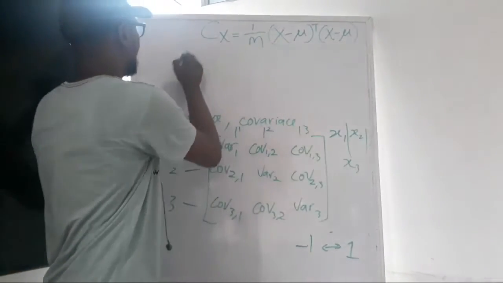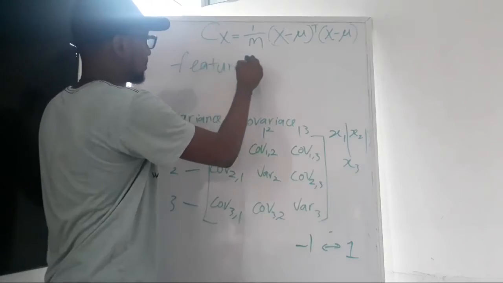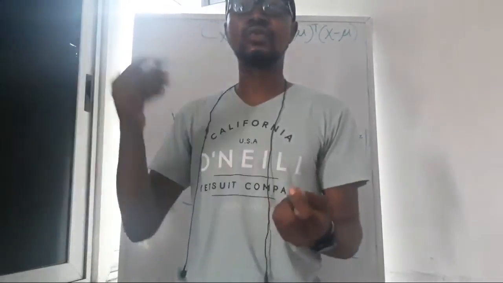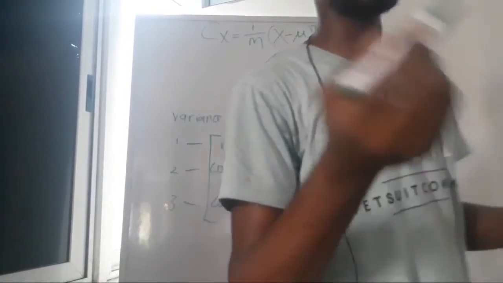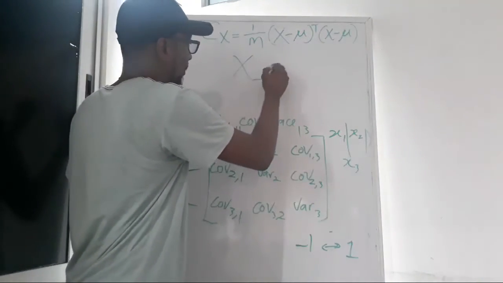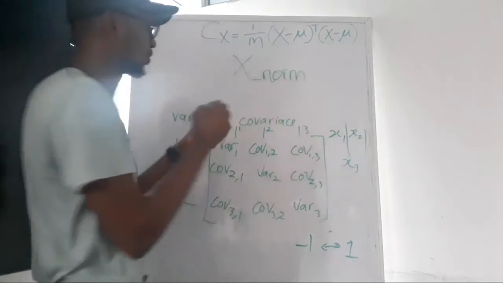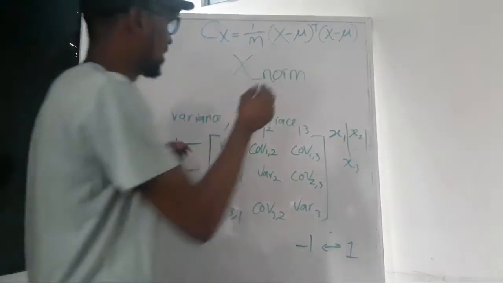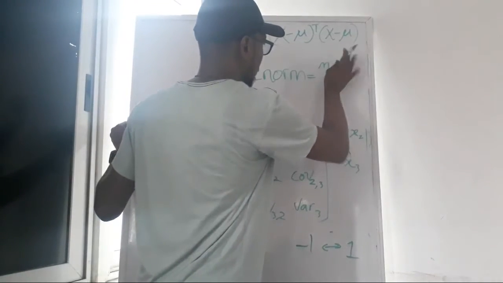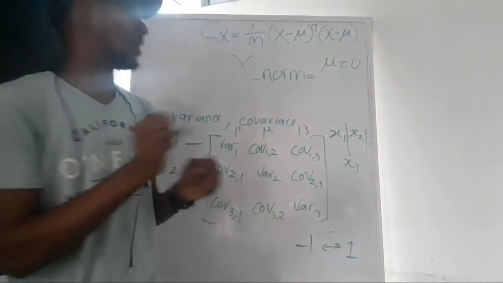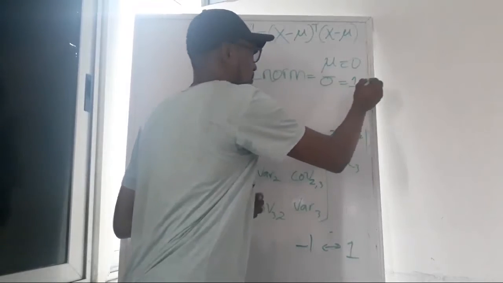But we all know of feature scaling and normalization. So what do you do in feature scaling and normalization? You just subtract the mean and divide by the standard deviation. The normalized feature matrix you get will have zero mean, and the standard deviation is going to be 1.